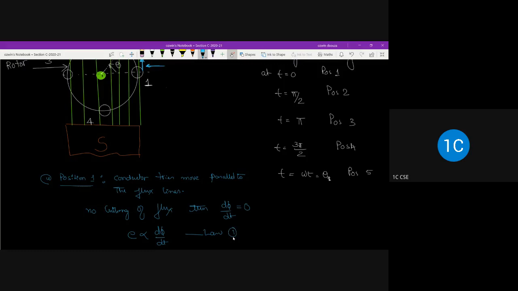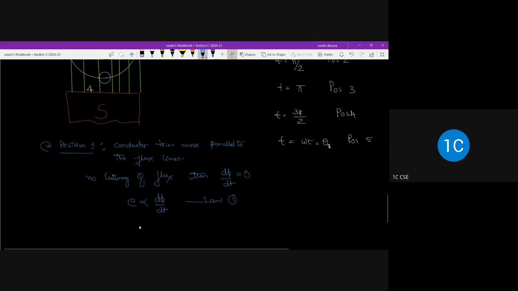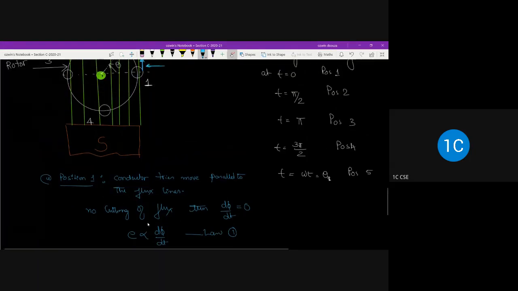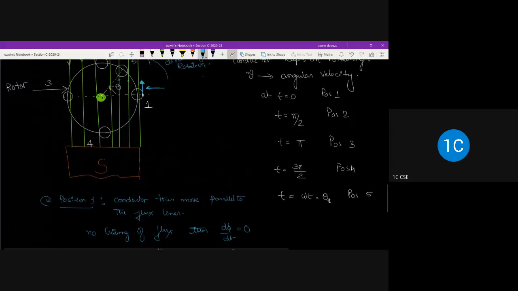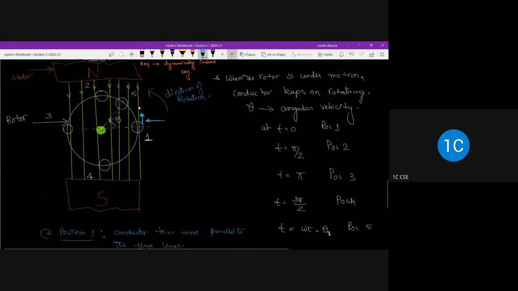So the induced EMF in position 1 is 0 volts. Whenever the conductor tries to move parallel to the flux lines, the induced EMF will be 0.